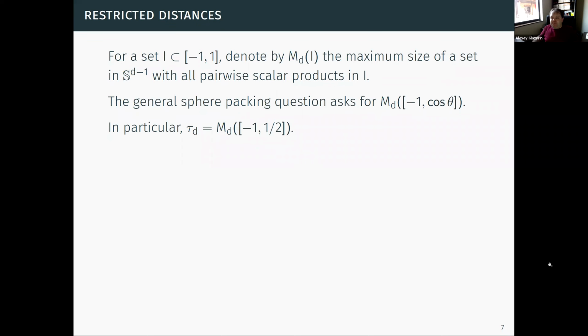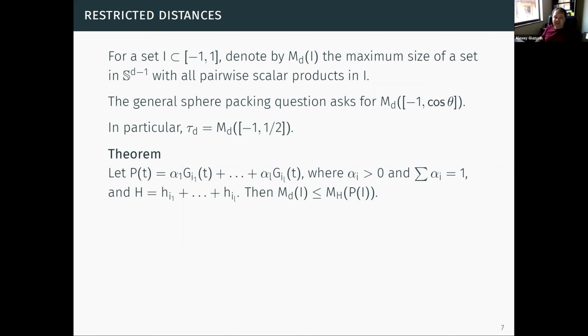Well, let's try to apply the tool to that. So what are we going to get? This general approach should work. Let's say we take an arbitrary positive combination of the Gegenbauer polynomials, and it defines a mapping from dimension d to this dimension h.